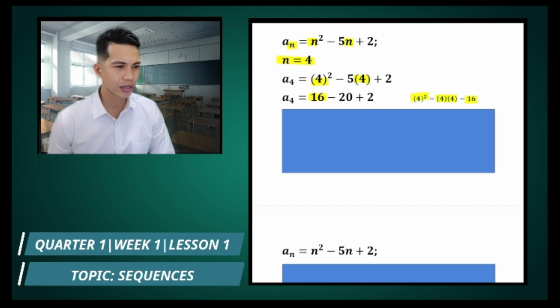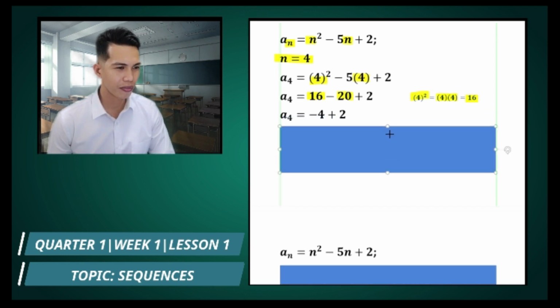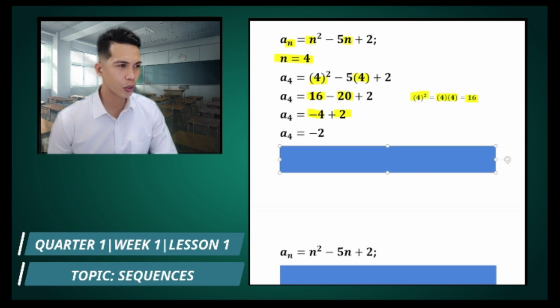Then minus 5 times 4, that is 20, plus 2. Simplify. 16 minus 20, negative 4 plus 2. Negative 4 plus 2 is negative 2. Therefore, our fourth term, or a sub 4, is equal to negative 2.